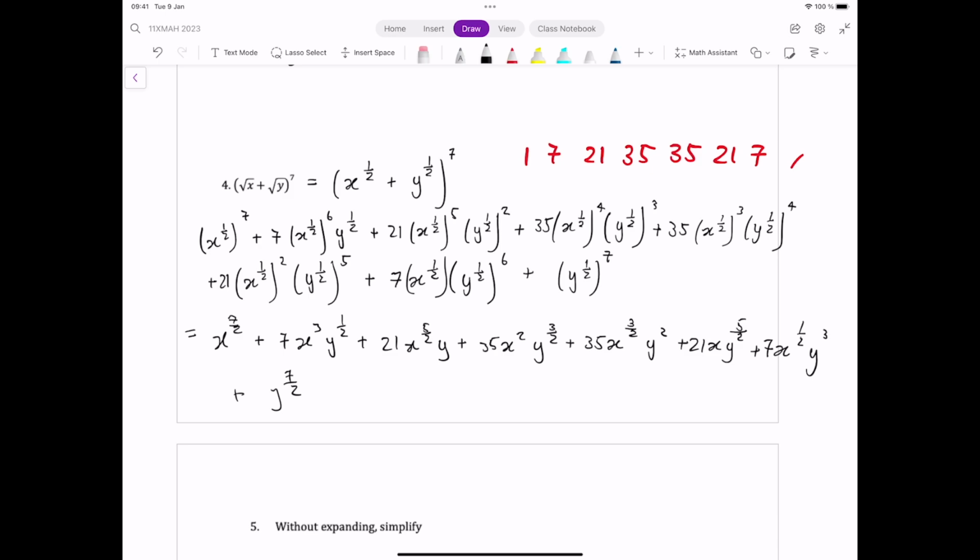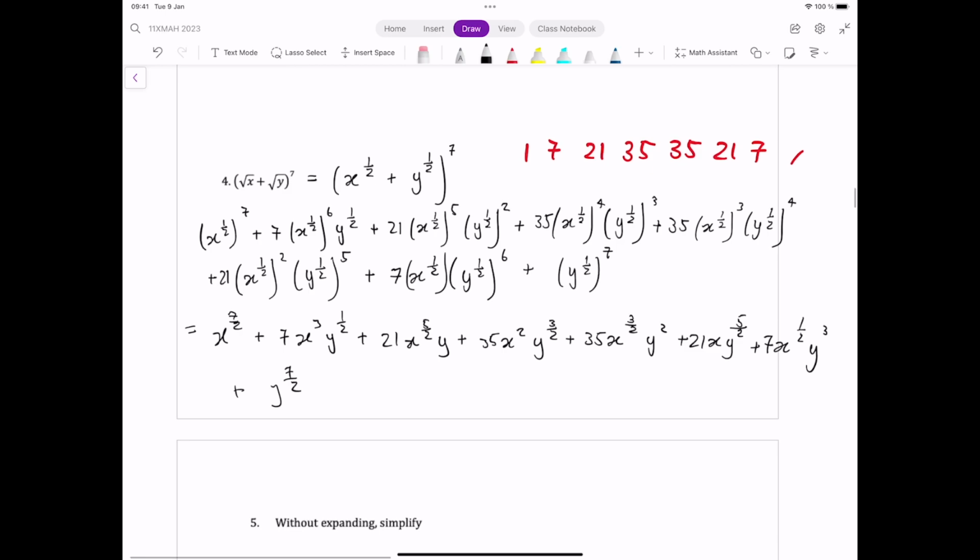Lovely. And if you wanted to be really nice, you could make all those half powers back into square roots.